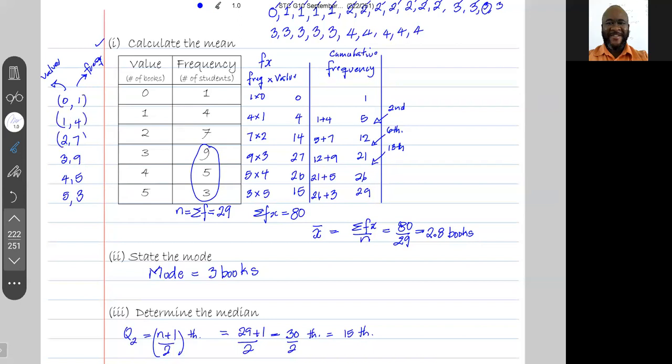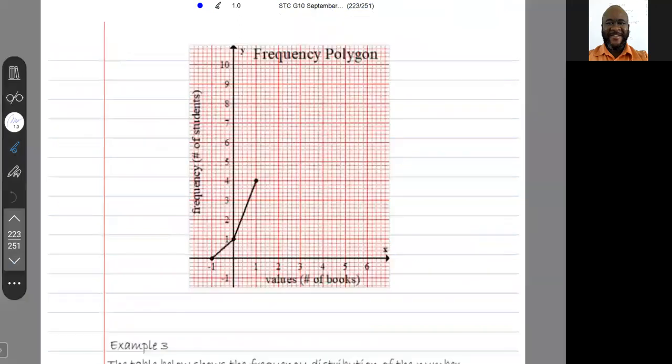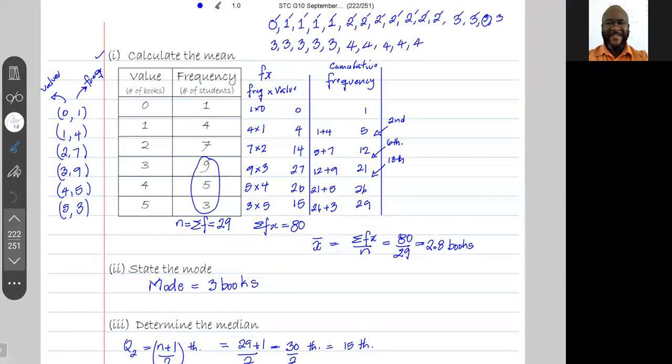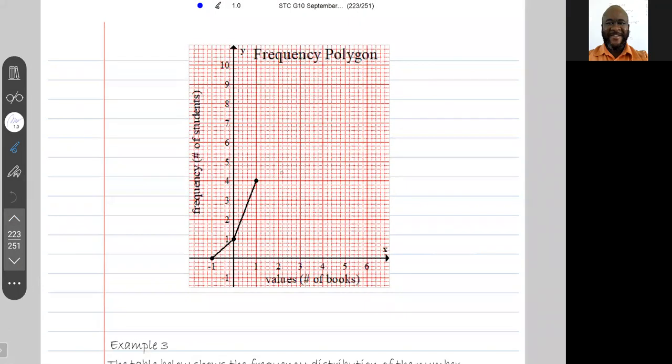0, 1, 1, 4, 2, 7, 3, 9, 4, 5, 5, 3. So 2 corresponds to 7. 3 corresponds to 9. 4, 5.